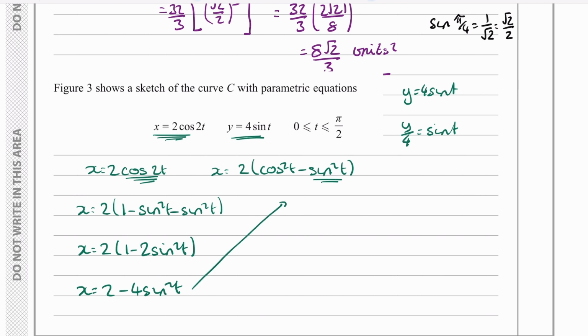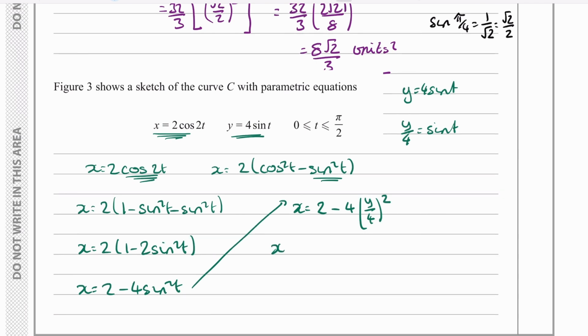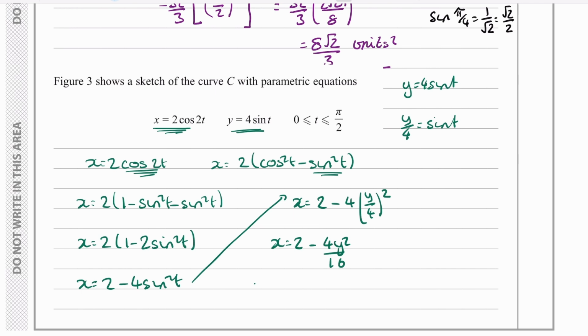Now we can substitute y over 4 in place of sine t. So we get x will equal 2 minus 4 lots of y over 4 squared. So x will equal 2 minus 4y squared over 16. We can simplify that fraction, so we get 2 minus y squared over 4.